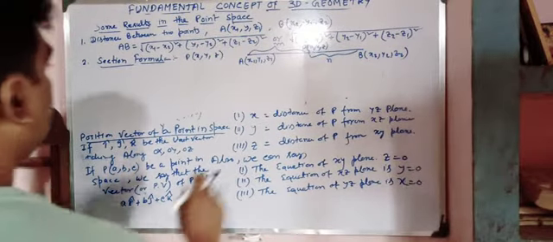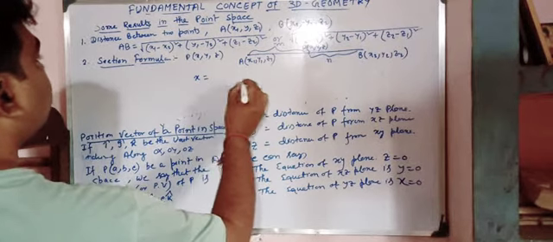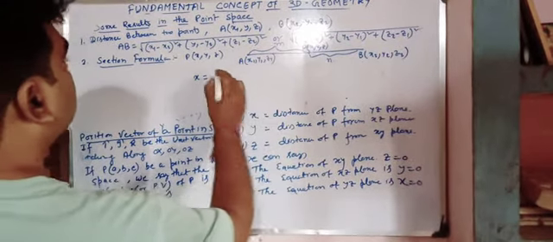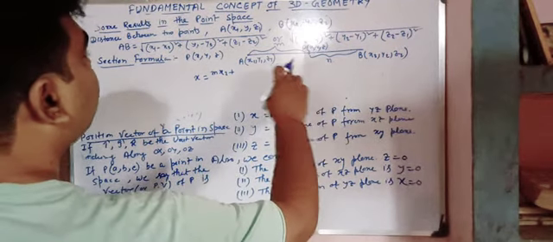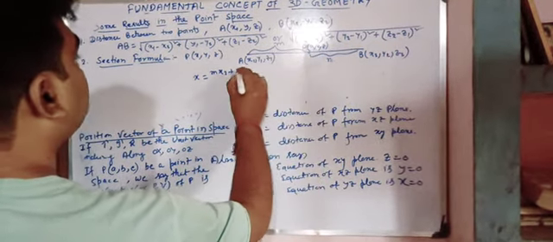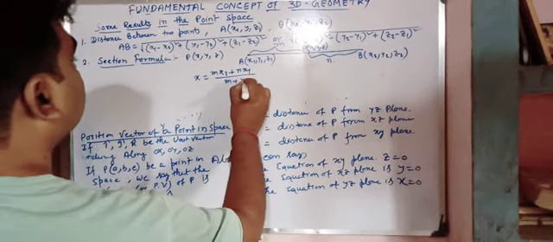For that, x is equal to (m x2 plus n x1) by (m plus n).